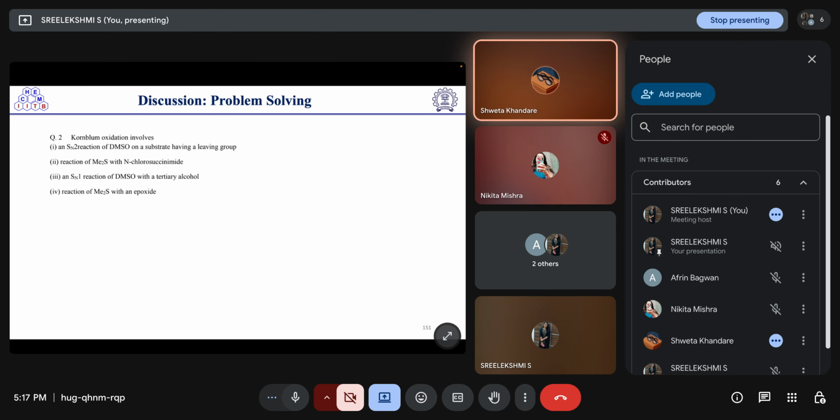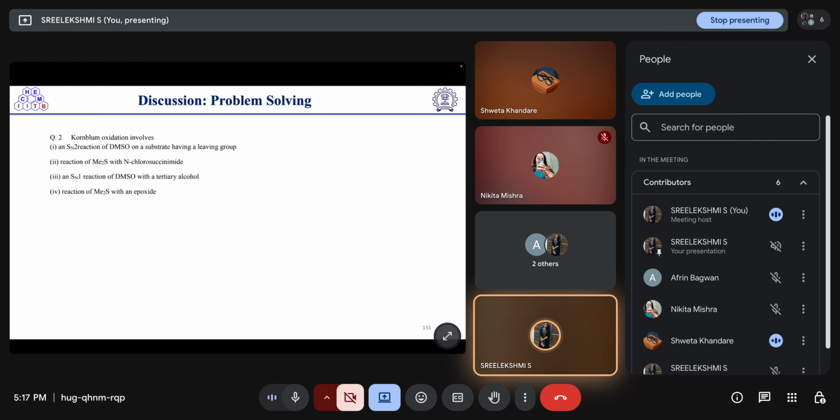Option number first. Yes. So what is Kornblum oxidation? Which reagents do we use for Kornblum oxidation? Do you remember? For Kornblum oxidation, we use DMSO and a base under heating conditions.